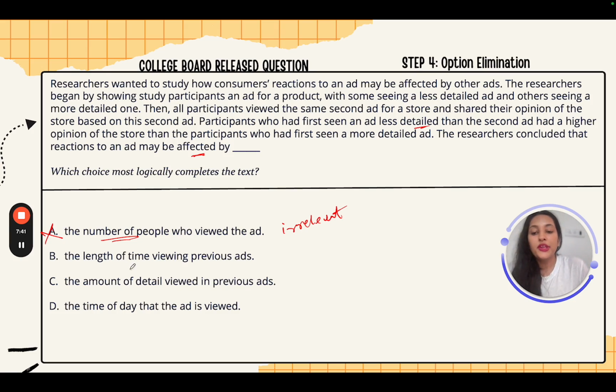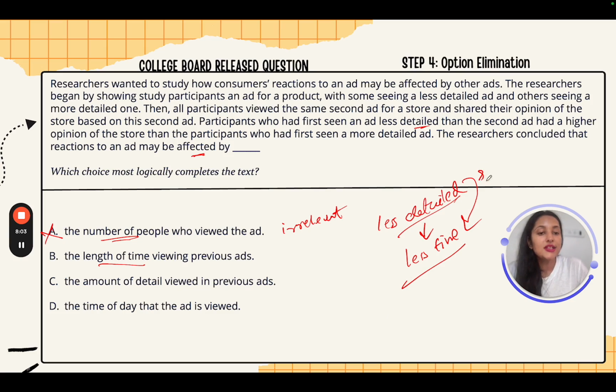Let's look at B, the length of time. Now, you might feel like this is the correct option. Why you might think so is because you are finding a similarity between less detailed and less time. You're probably thinking that these two things are the same, but that's not the same thing, right? Less detailed is basically not more information given, but less time means the time is less.